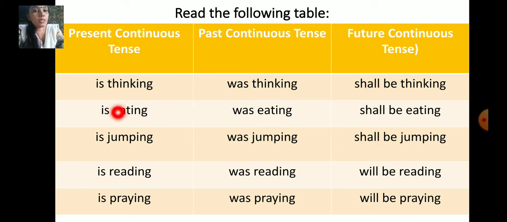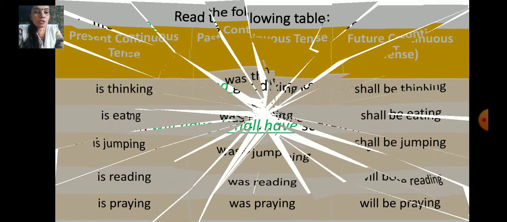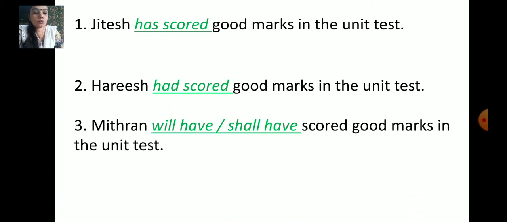So is thinking, was thinking, shall be thinking, or is reading, was reading, or will be reading, or shall be reading. You just have to go through this full table and learn by heart. Now you can practice writing in your book also. Now let's move on to the next one.